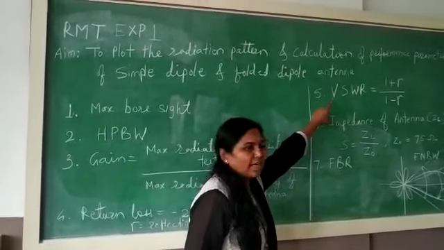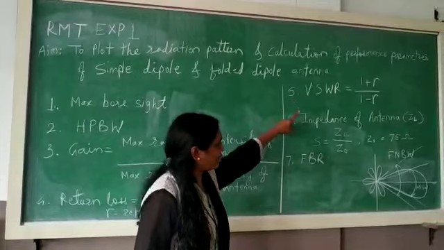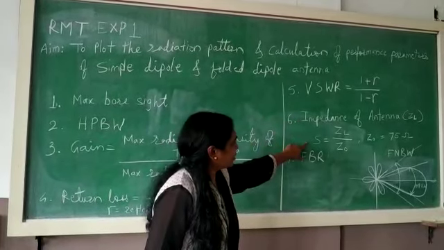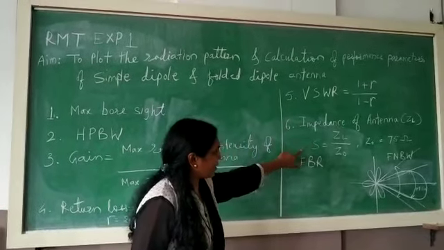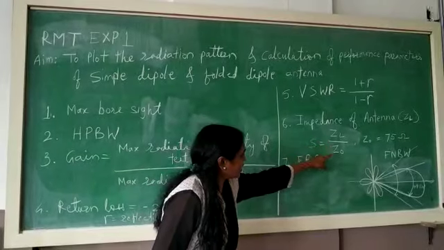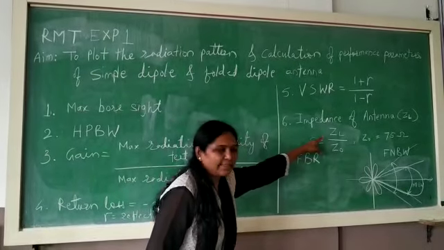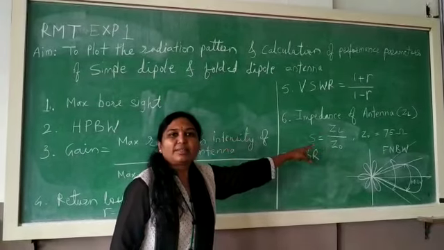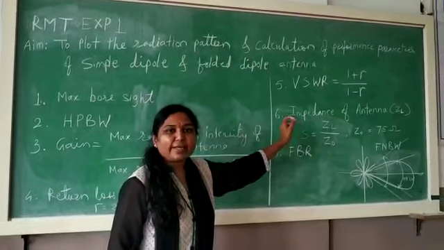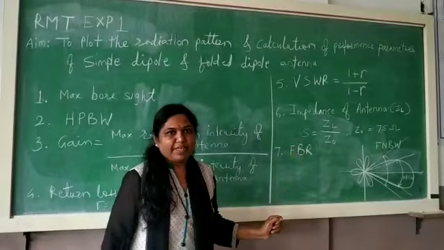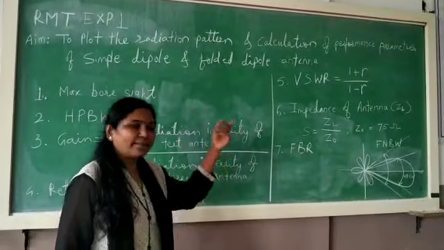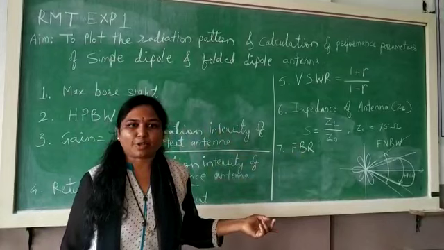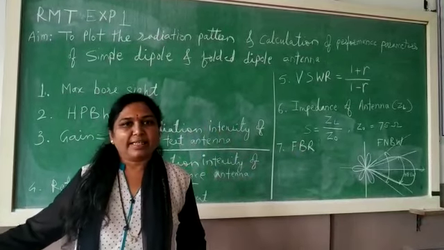And then after that from the VSWR I can measure the impedance of the antenna, which is S equal to ZL by Z0, where ZL is the antenna impedance and Z0 is the standard characteristic impedance of the cable. In this way we can calculate all performance parameters of the antenna using this antenna setup.